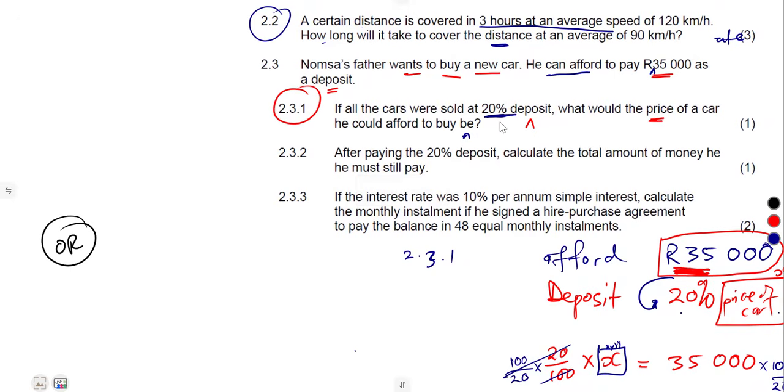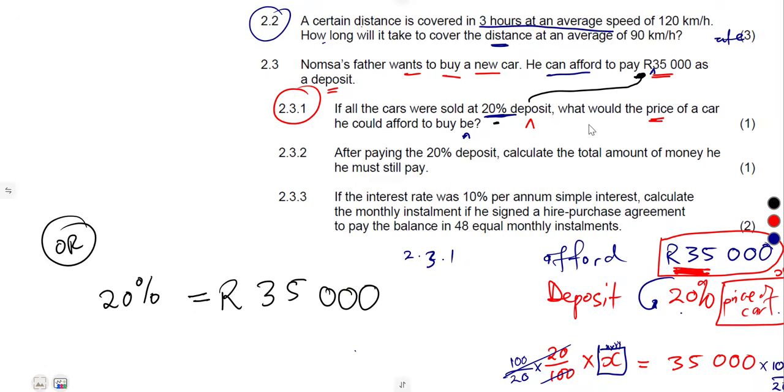We can say that another way. They are saying 20% represents what? The deposit. And this is our deposit, what he can afford as a deposit. So we are saying 20% is equal to the deposit, which is 35,000. So what would be the price of the car? The price of the car is always the original percentage estimation that we work with, which is 100%.